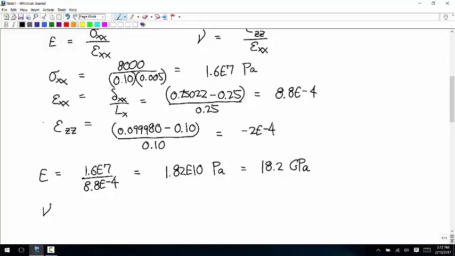And then the Poisson's ratio is negative of negative 2 times 10 to the minus 4 divided by 8.8 times 10 to the minus 4. And what do you get there? 0.23.